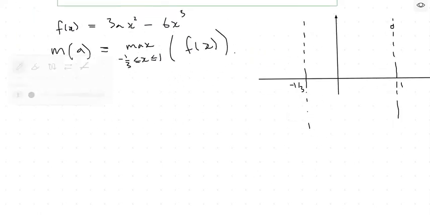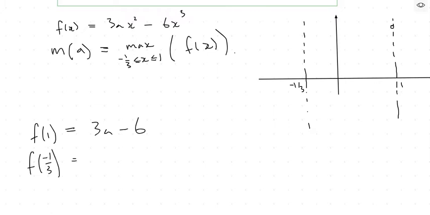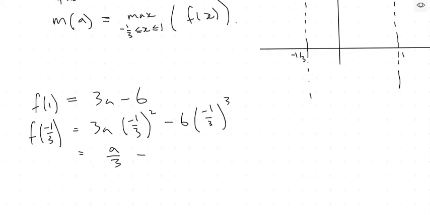So let's figure out what f of 1 is in terms of a. f of 1 is equal to 3a minus 6. Okay, that was pretty easy. f of negative a third is equal to 3a times minus a third squared, minus 6 times minus a third cubed, which is a over 3 plus 6 over 27.